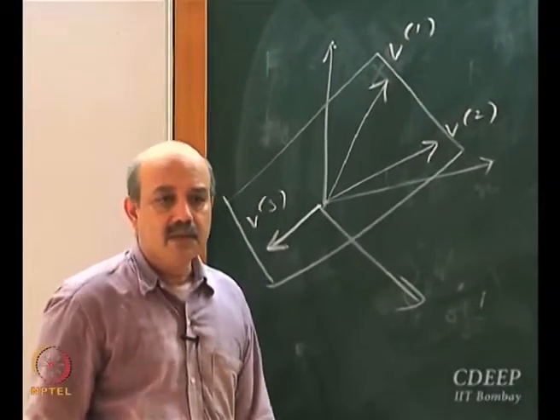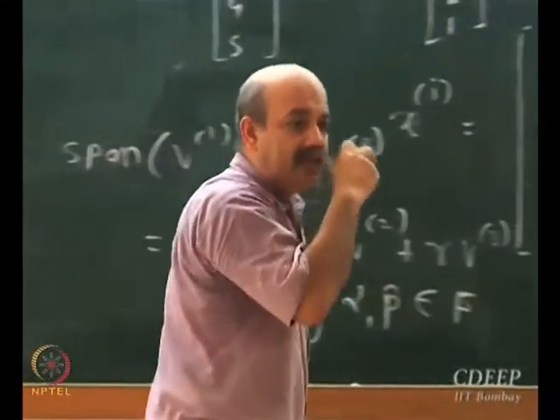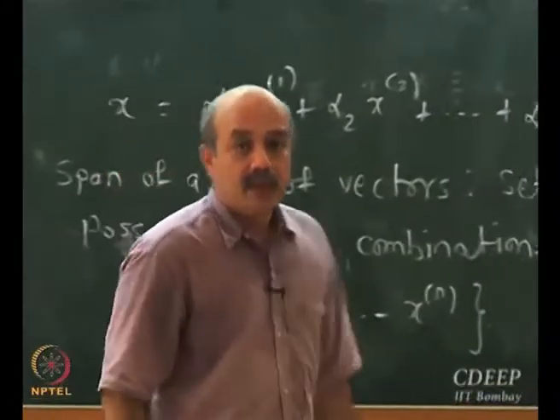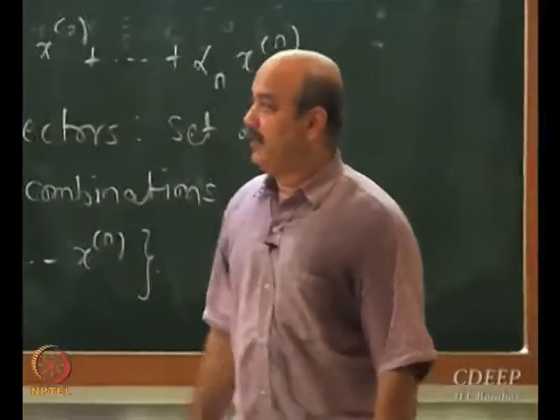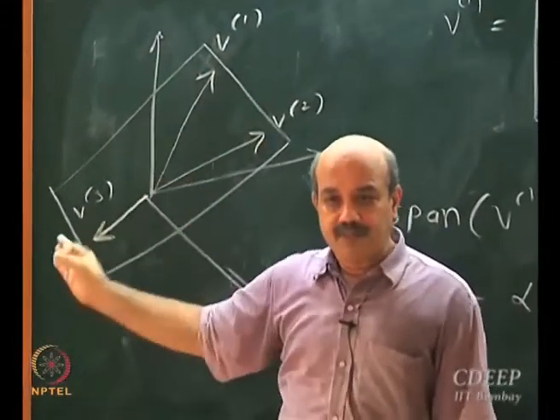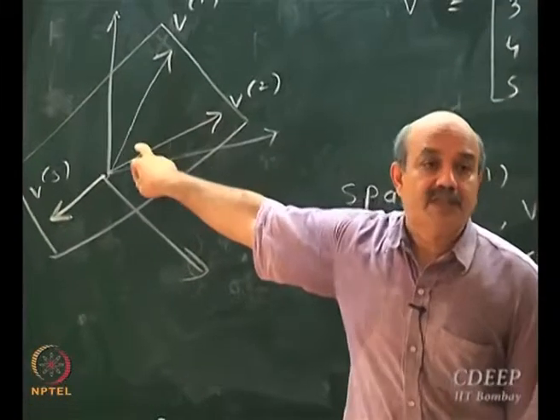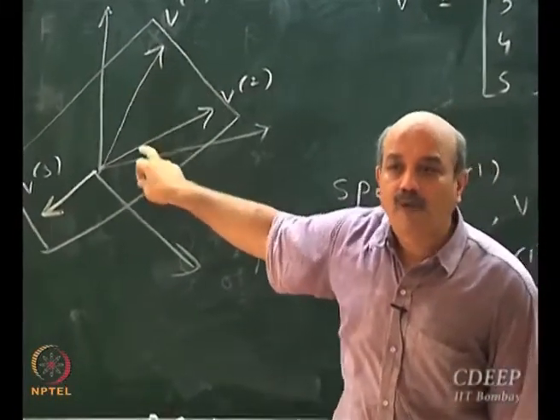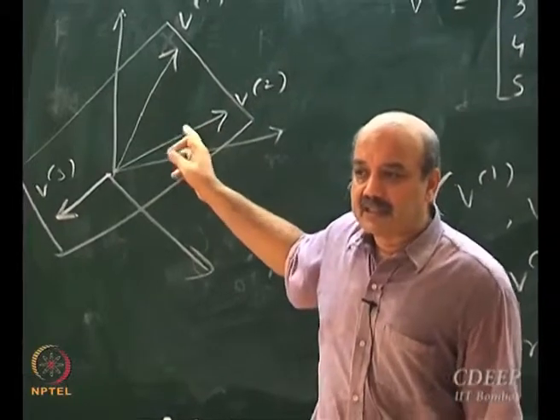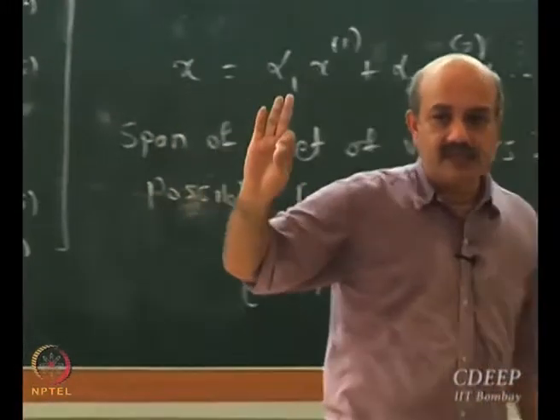The dimension is 2, because you need only two linearly independent vectors to generate all vectors inside this plane, which is passing through the origin. This is a 2-dimensional subspace of 3 dimensions. Everyone with me on this?